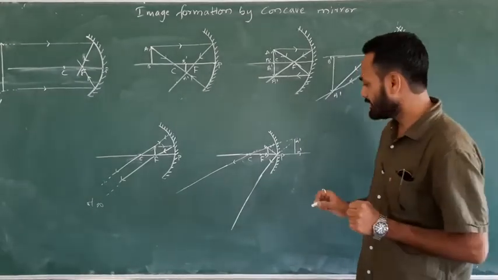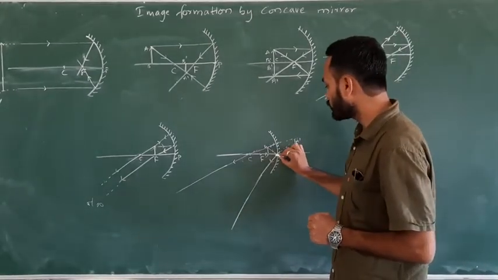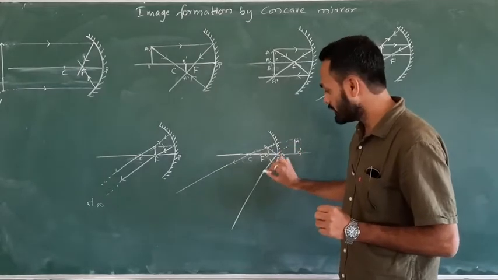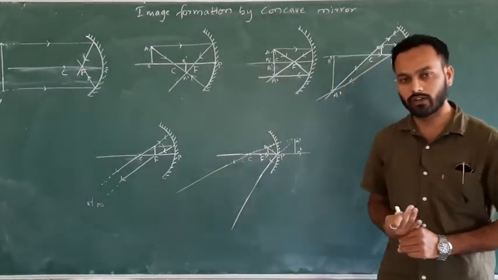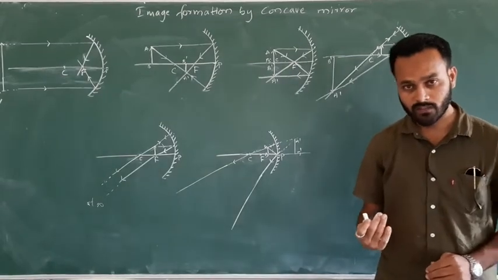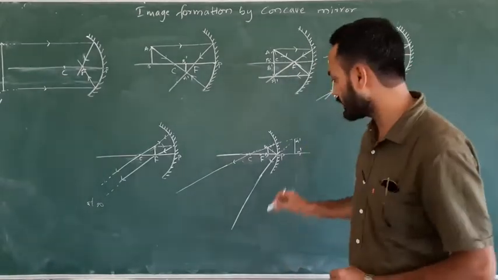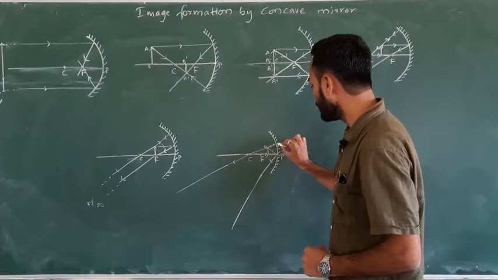Look here, in such cases, we have to trace back the reflected rays behind the mirror. What we are supposed to do, children? We have to trace back the reflected rays behind the mirror.